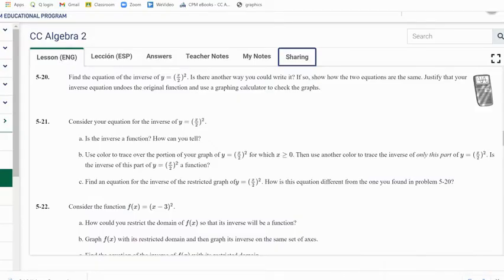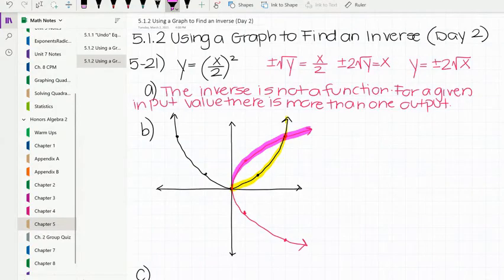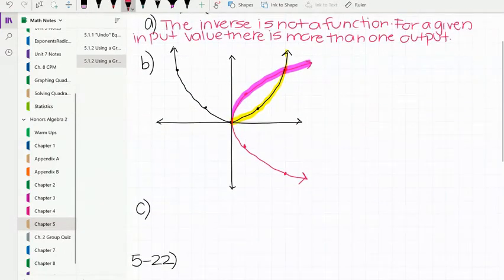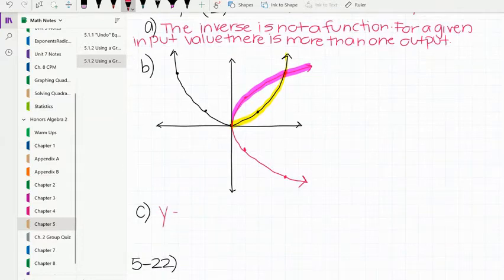It says to find an equation for the inverse of the restricted graph of y equals (x over 2) squared, and how is this equation different from the original? Basically they're saying, let's just find the inverse of that piece. To do that, we have to restrict the domain. So our new equation for the inverse would just be positive 2 root x.